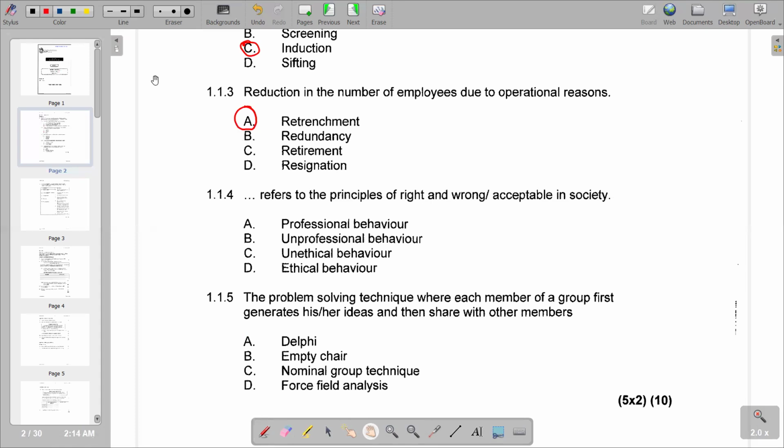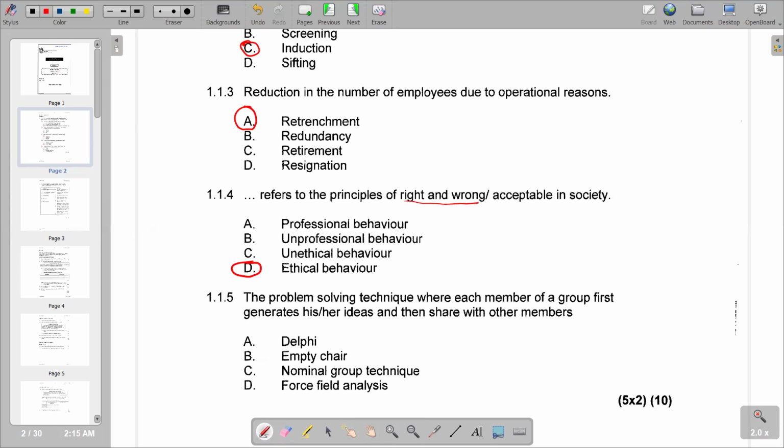Going back to our statement, it refers to the principles of right and wrong, what is acceptable in society, so the correct response is ethical behavior, which is our D. Further explanation is that this is a process of following agreed upon codes of conduct that govern one's understanding of right and wrong.